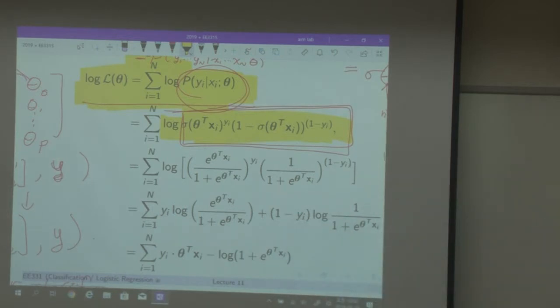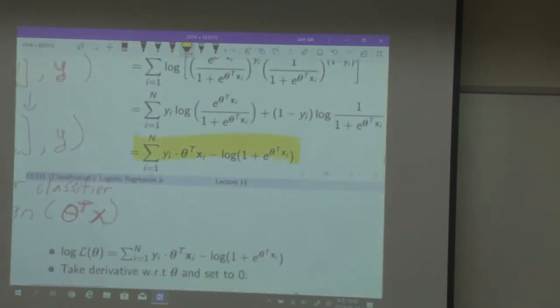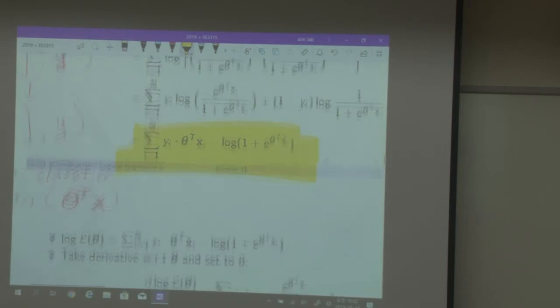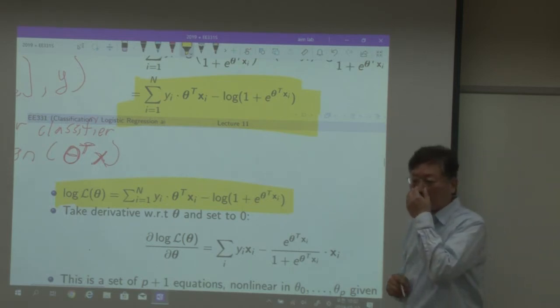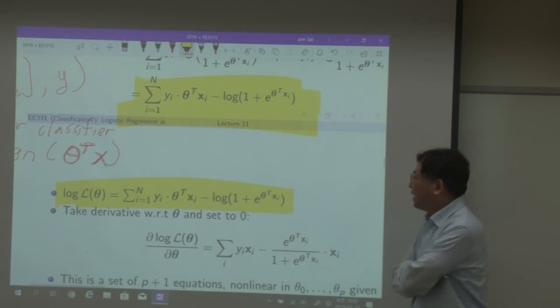Taking more of that, and I get that. I want to maximize this log. Okay. Still, it's not easy.